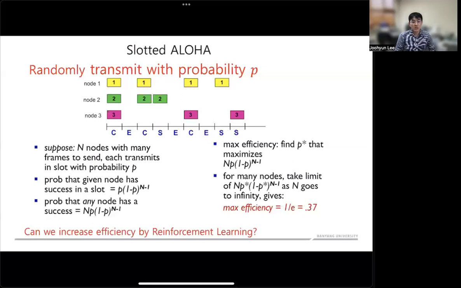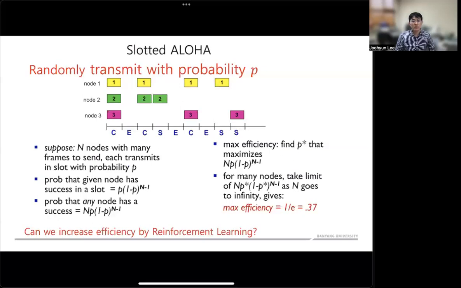In slotted Aloha, each node transmits a packet in a time slot with probability p. This probability may be equal across the nodes, or it could be selected for each node.